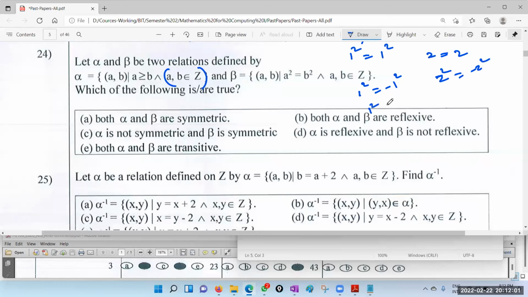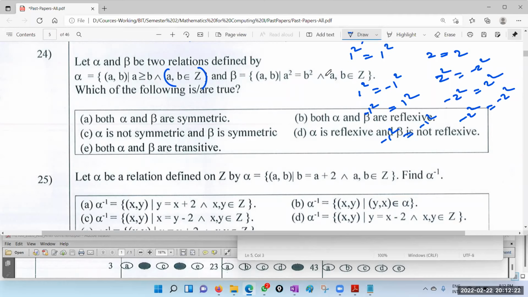Then minus 1 squared equals 1 squared, minus 2 squared equals 2 squared. Similarly, minus 1 squared equals minus 1 squared, or minus 2 squared equals minus 2 squared. So look at all those four possibilities.